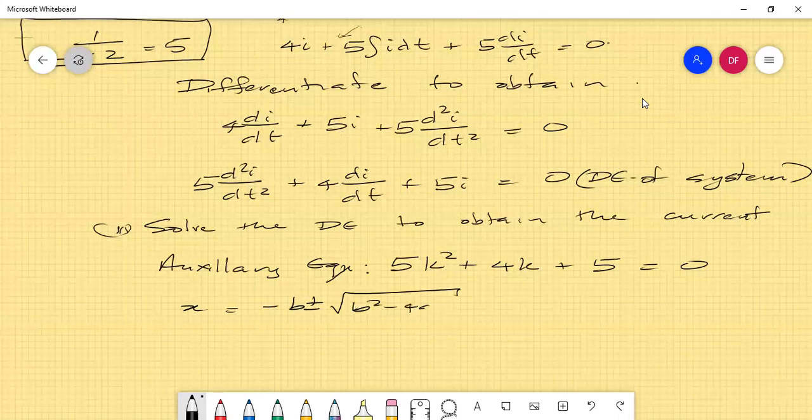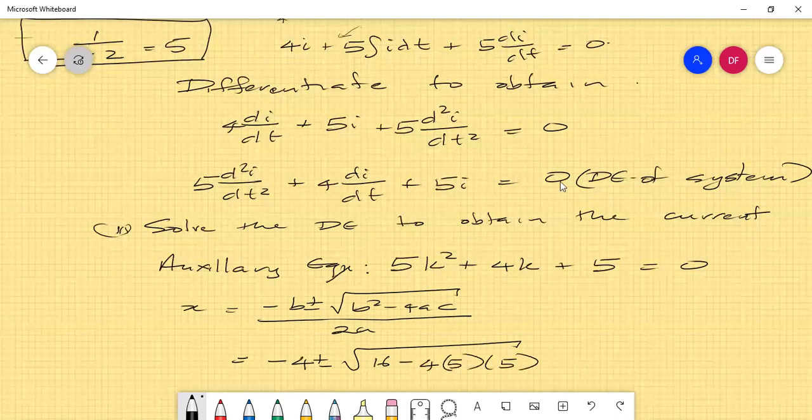When we use MATLAB, we just type in the coefficients and tell it to find the roots, and it will do it. B squared is 16, minus 4 times A is 5 and C is 5, divided by 2A.